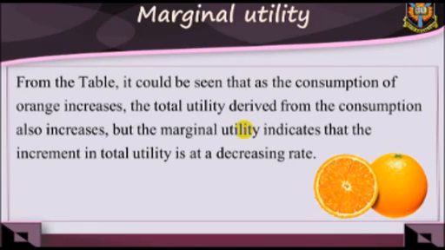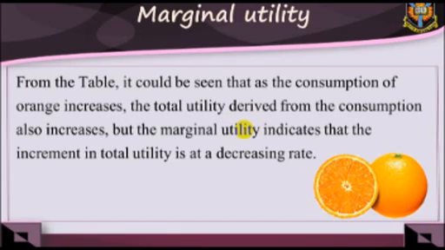But the marginal utility indicates that the increment in total utility is at a decreasing rate. For instance, at quantity 1, the total utility is 50, but at quantity 2, total utility has increased to 90. However, this increment is not as much as in quantity 1.